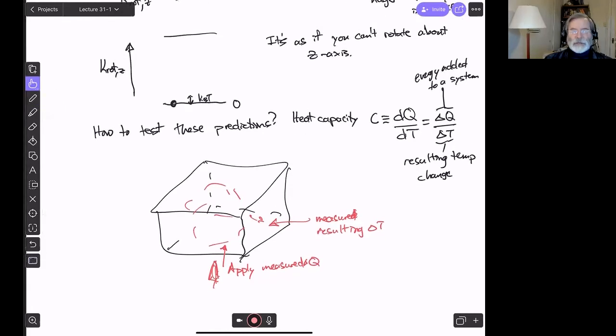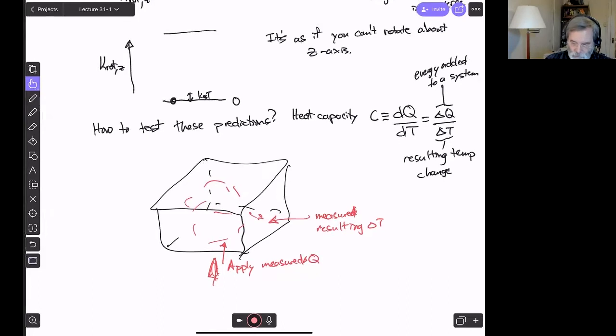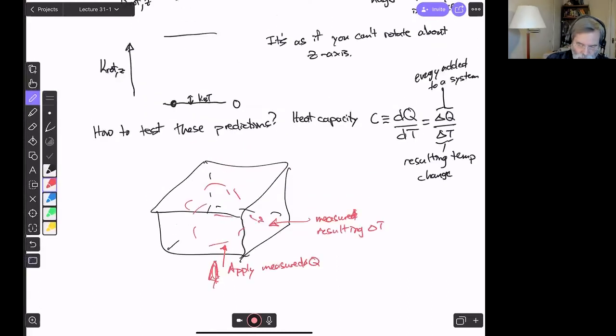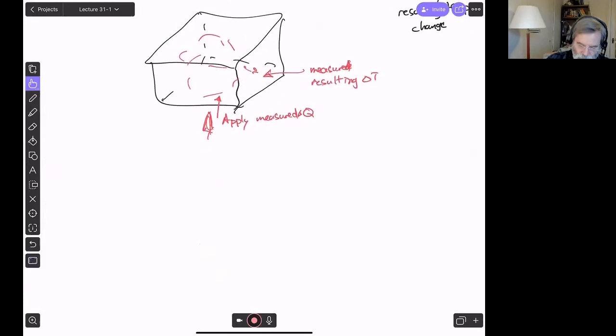So let's back up a little bit and consider a simpler system. So maybe I'll rewrite the whole energy for a diatomic gas, but then we're going to simplify it.